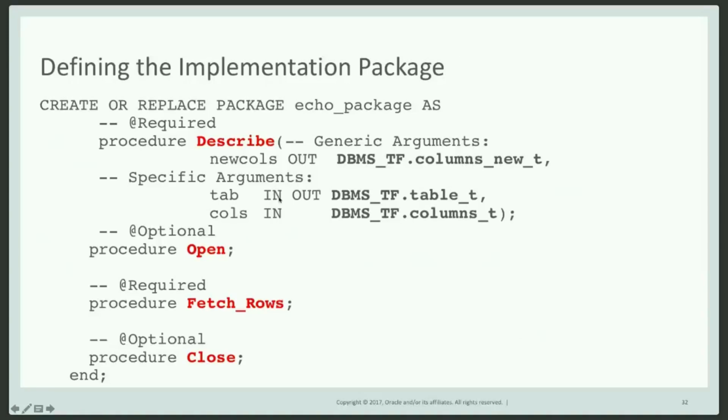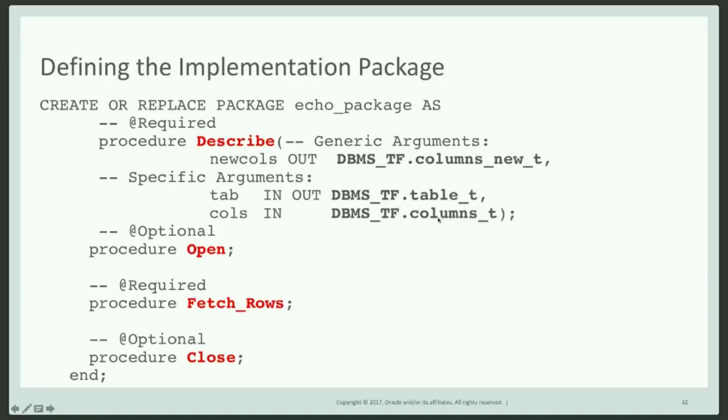Then I've got additional arguments, which are the table that I'm going to pass in, whether it's department or employees. That also needs to go out as well, because I'm going to return the employee data or the department data. And I've got columns that are coming in. And again, I don't know what the column types are.